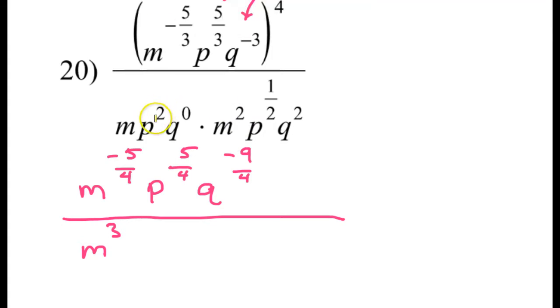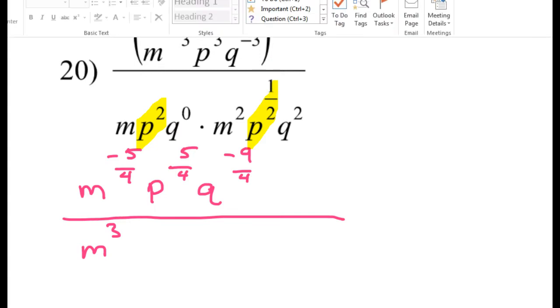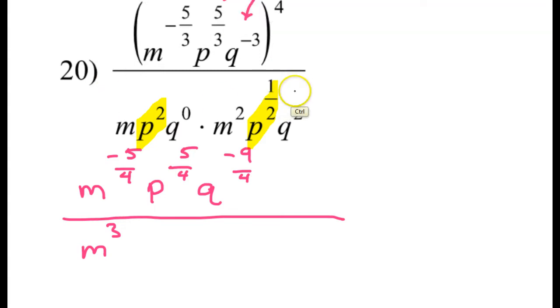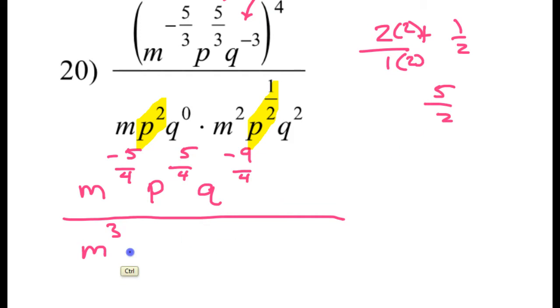Now how about the p's? Looking at the p's, we've got p squared and p to the 1/2 power. When you multiply those, you need to add the exponents. So I need to do 2 plus 1/2. I need like denominators, so this is really going to be 4/2 plus 1/2, so that's going to be 5/2.